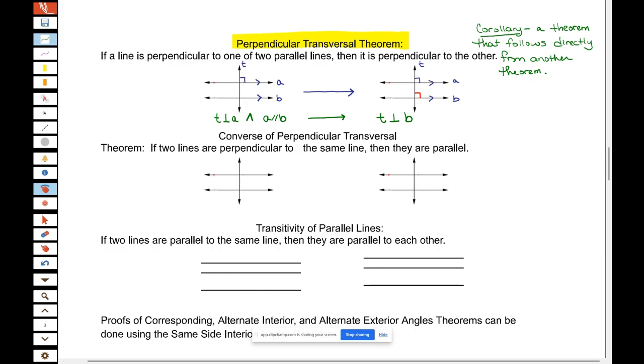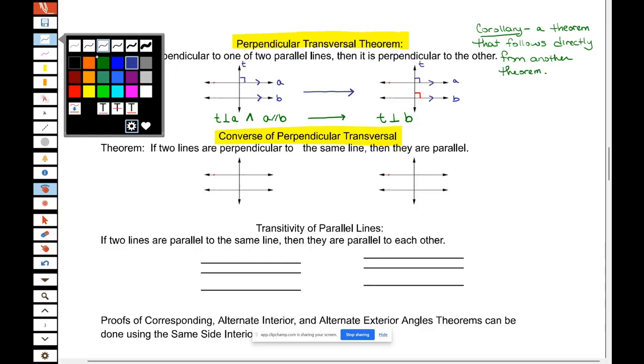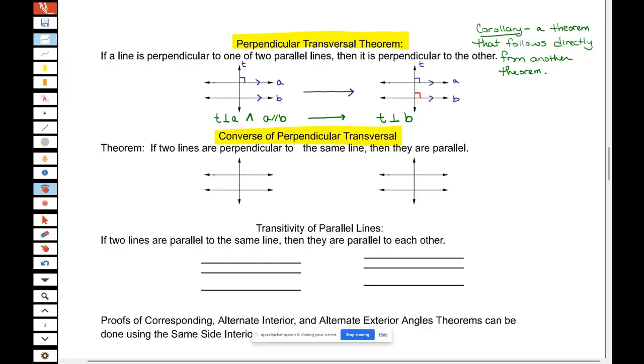Okay. Now let's look at the converse of the perpendicular transversal theorem. We're going to begin with two lines being perpendicular to the same line.